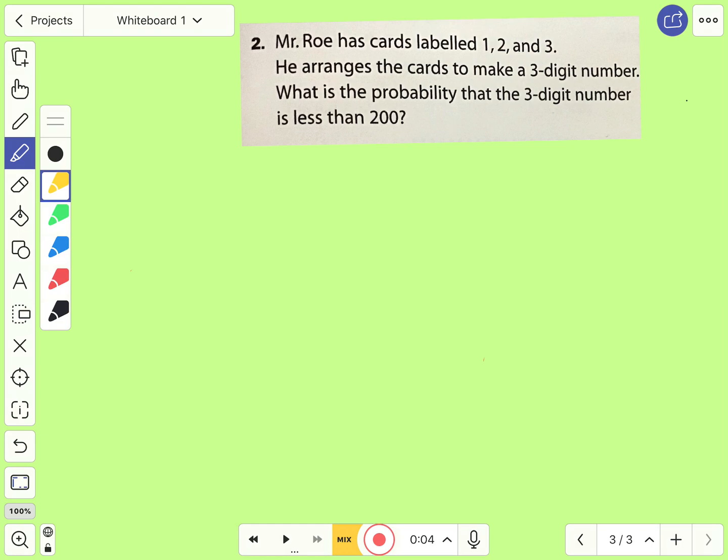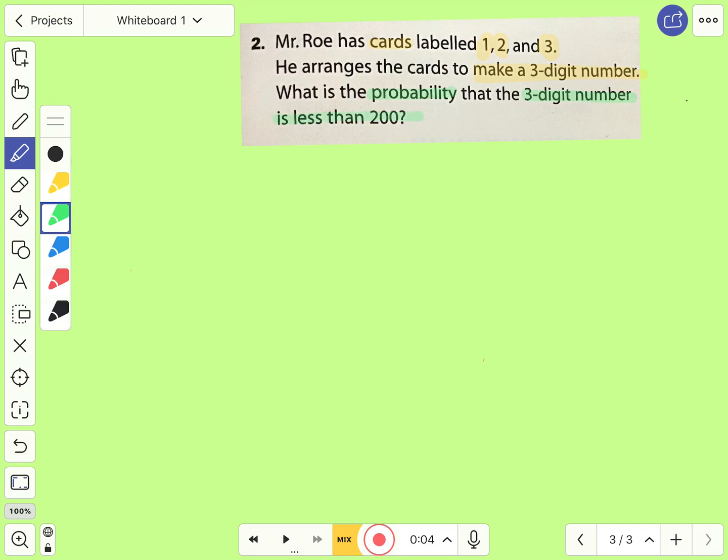He has cards, and they're labeled 1, 2, and 3. He arranges the cards to make a 3-digit number. So he makes a 3-digit number. And the final step is asking us what's the probability that the 3-digit number is less than 200.